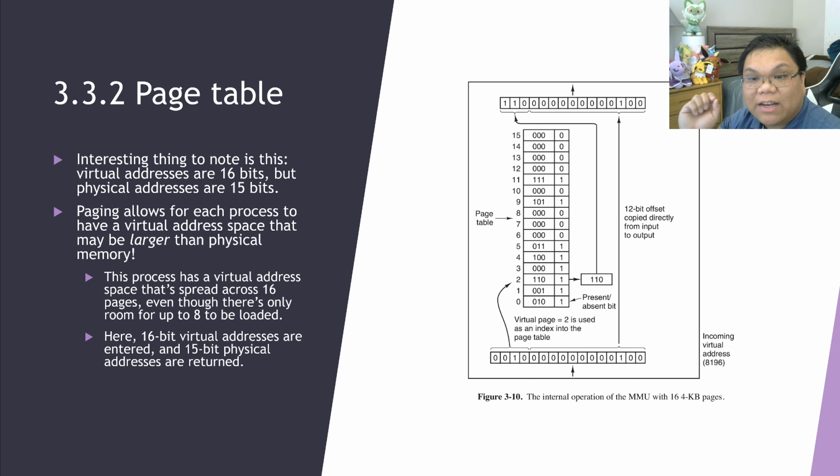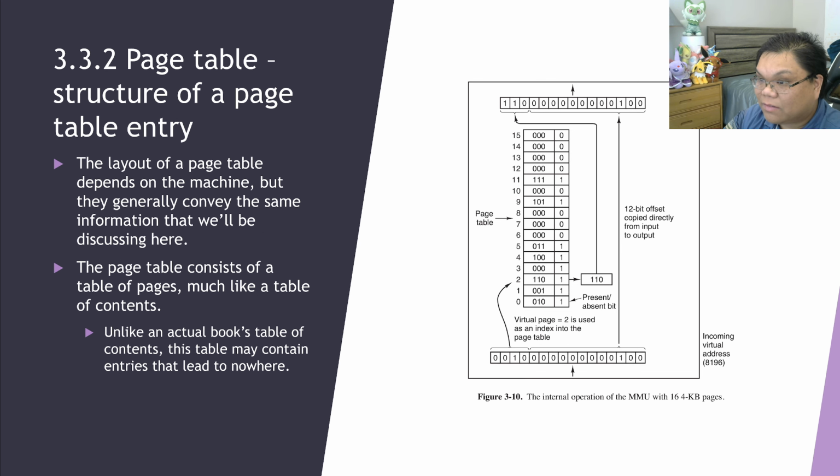So, what's going on is this. Through paging, the virtual address space can be larger than the amount of physical memory on the system. The term here is oversubscribed. Oversubscribing is where a resource is allocated to more than one process.